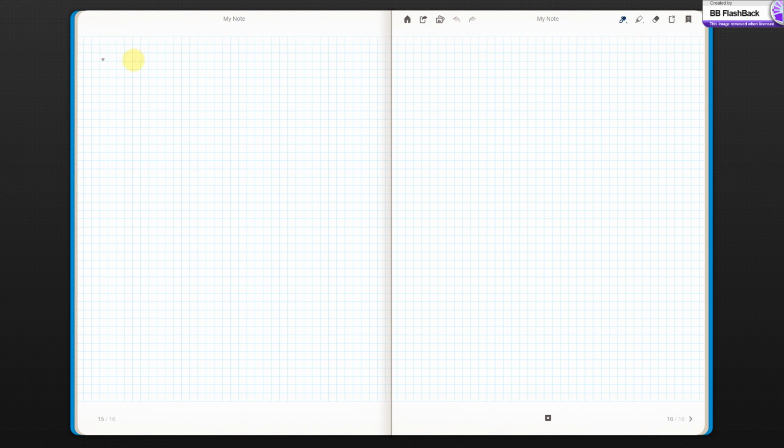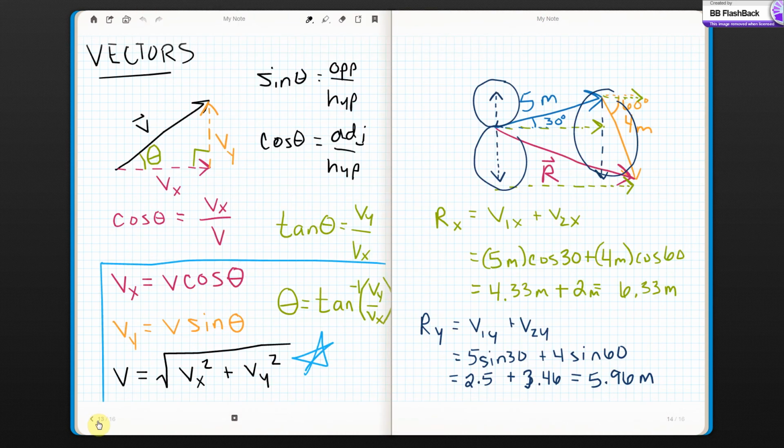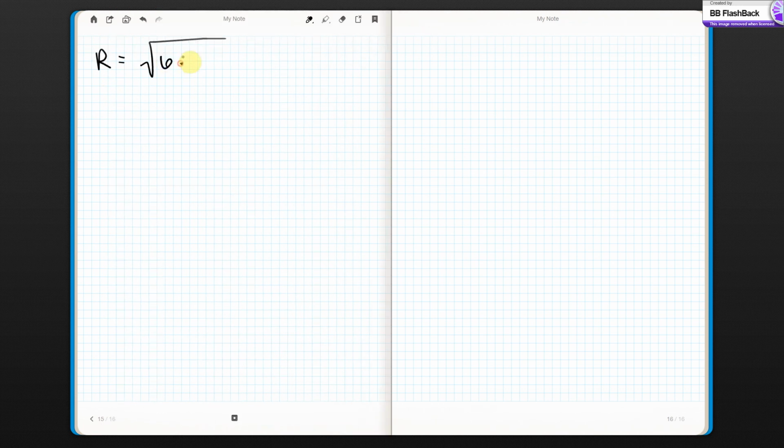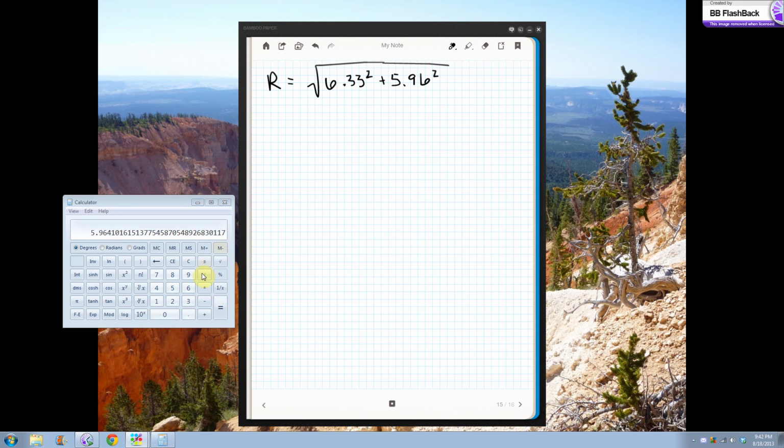Okay, so that means that r total is the square root of 6.33 squared plus 5.96 squared. Calculator. Oh, this one's already up there. I'll just square it.